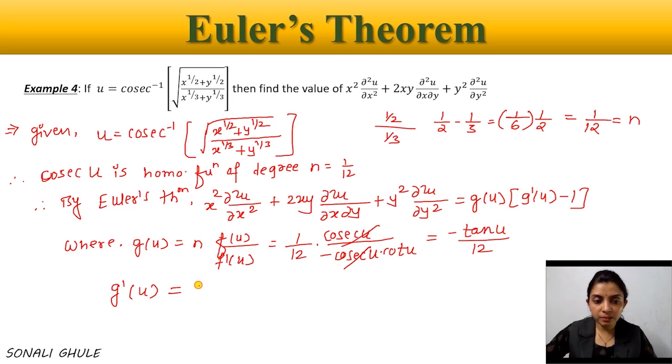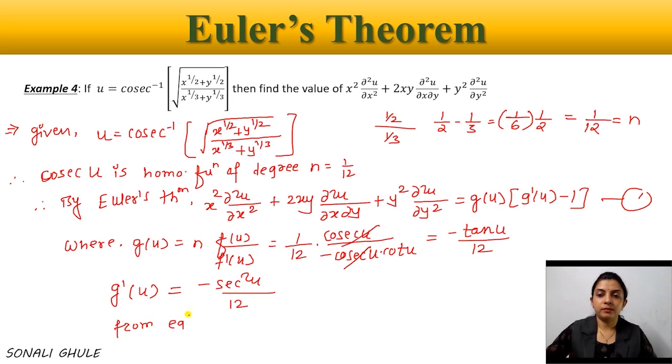Derivative of tan u is minus sec square u upon 12. Simply put the values of g of u and g dash of u into equation 1.